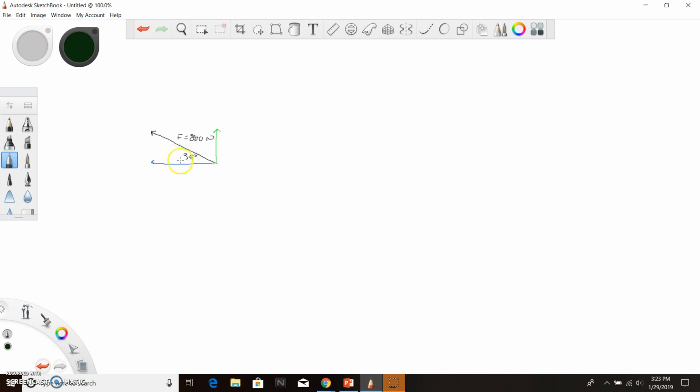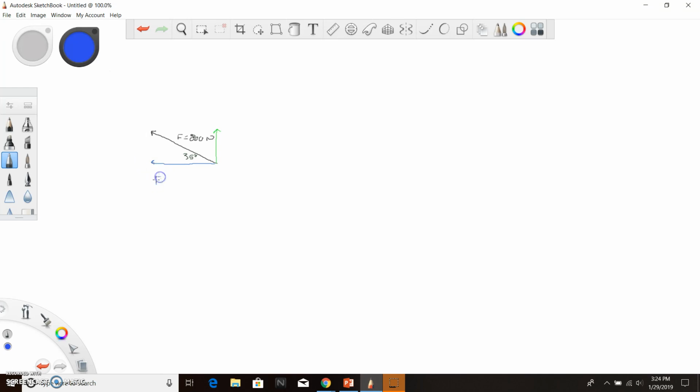When we break these up into components, we're just going to do a very simple F sub X and F sub Y using sine and cosine. Let's worry about the X piece first. I'm going to use that 35 degrees.